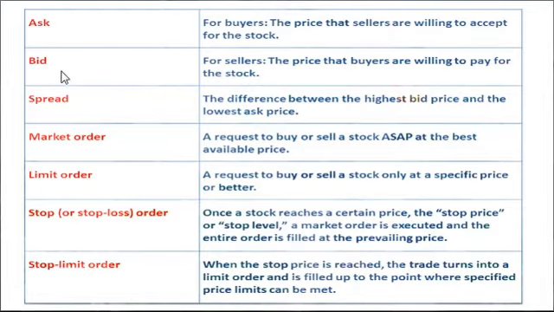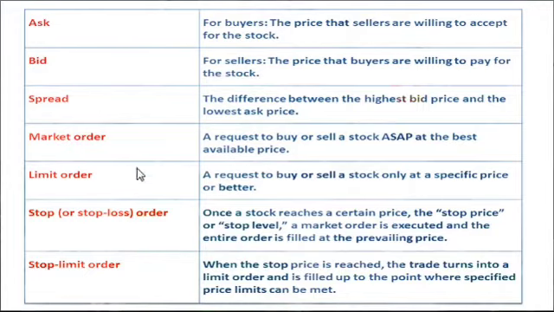And the next one is the bid price. For sellers, this is the price that buyers are willing to pay for the stock. So ask price, bid price. I think you got it. Now the meaning of spread. Spread means the difference between the highest bid price and the lowest ask price. So these are the terminologies normally used at the time of placing an order.